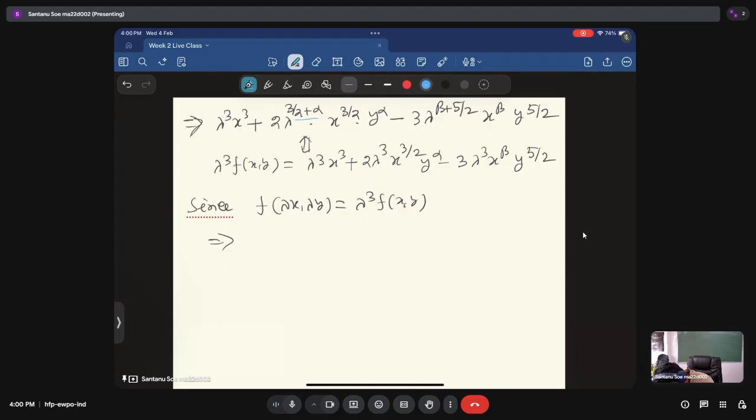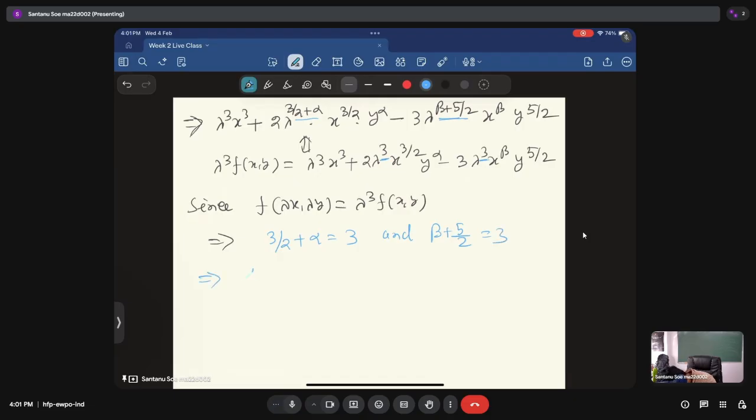This power will be equal to this power, and this power will be equal to this power. So this implies that 3 by 2 plus alpha equals 3, and beta plus 5 by 2 equals 3.